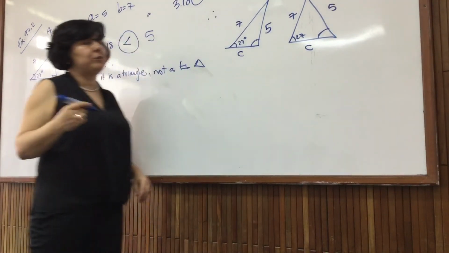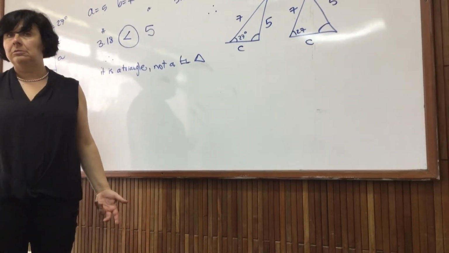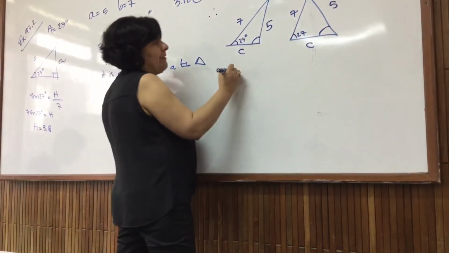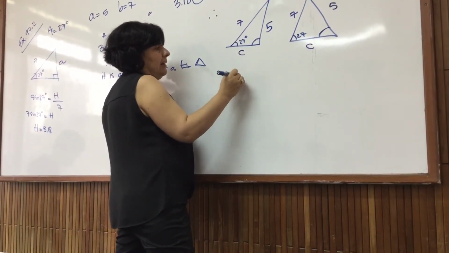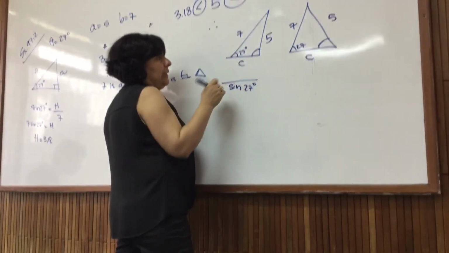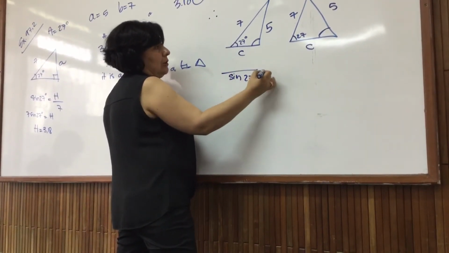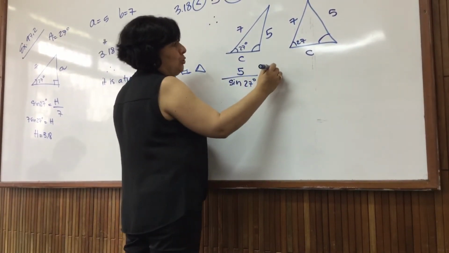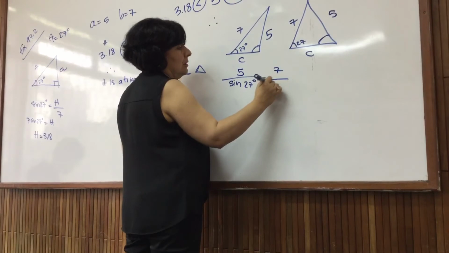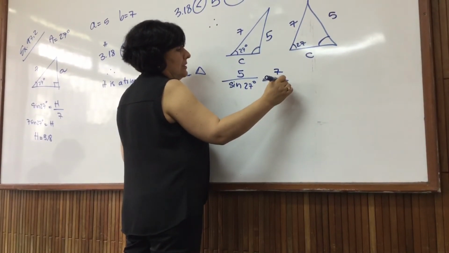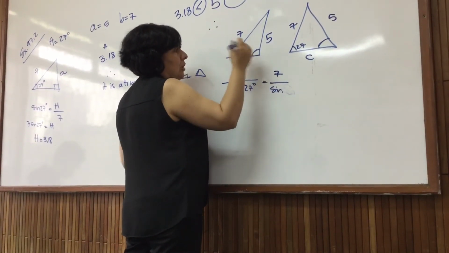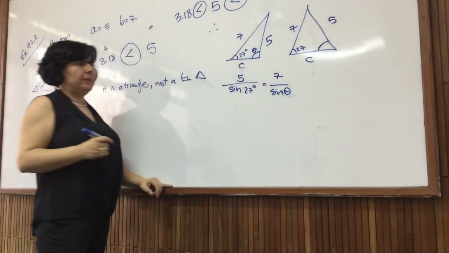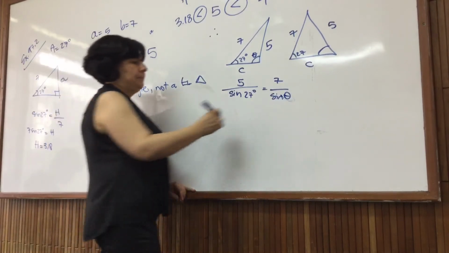Which one would you use if you have 2 sides and 1 angle? Sines. So we've got the sine of 27 over 5 is equal to sine of theta over 7. Let's call the angle theta. Okay? So please find theta.